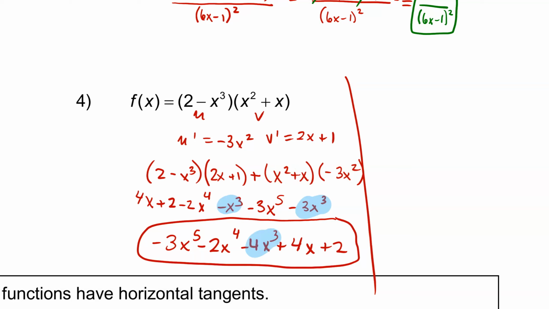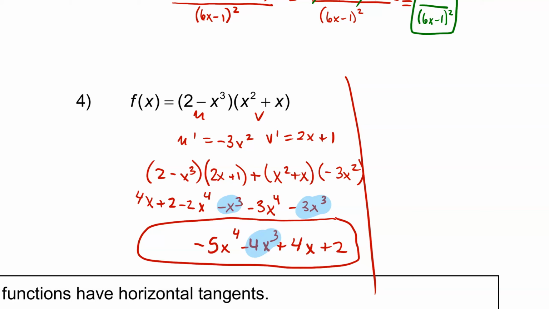So you could just FOIL it and then do the sum of it all? Yep. It's going to be negative 5x to the fourth, minus 4. Oh my god, that is so much easier.